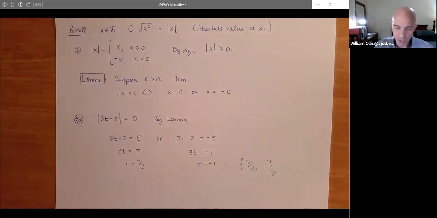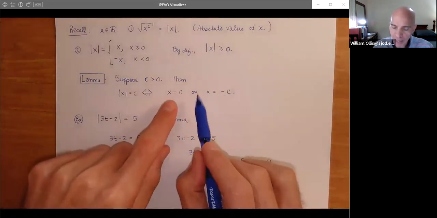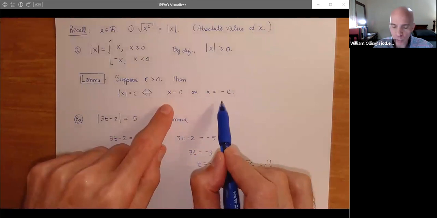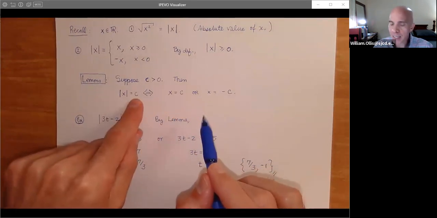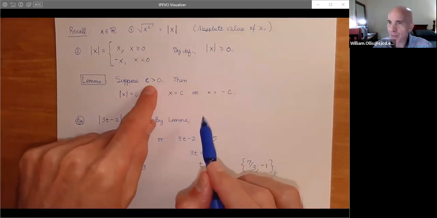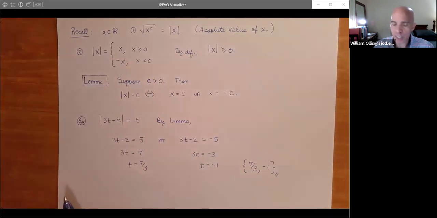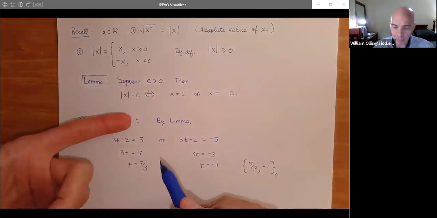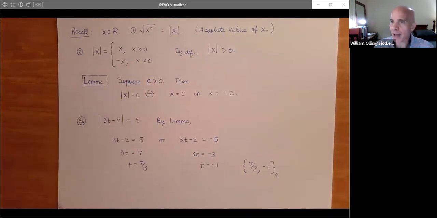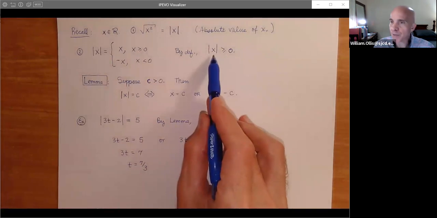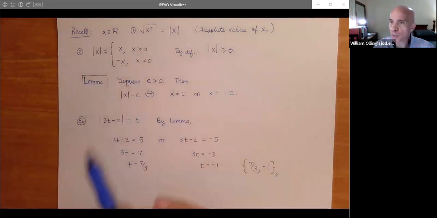The idea is that you can get clever about this and just remember that at least one of these would be true. And of course, if C here does not satisfy this, then it wouldn't make any sense. For instance, if the number here is -5, then of course there'd be no solution. And that wouldn't be the lemma. That would just be the fact that the definition requires this to be the truth.